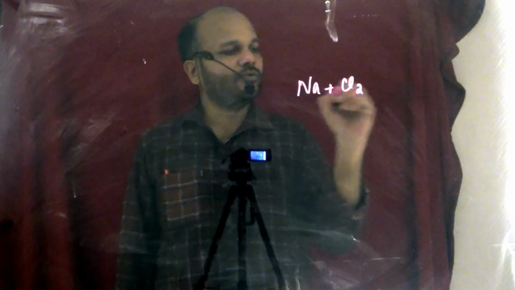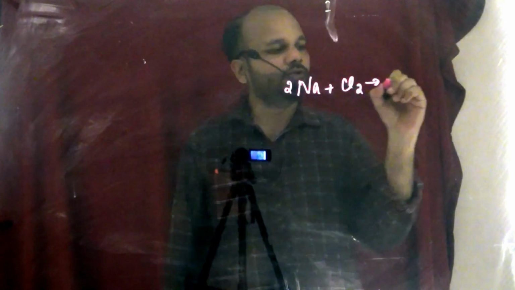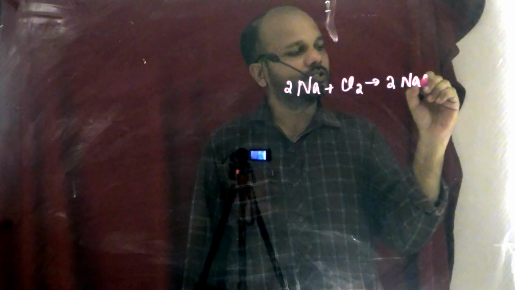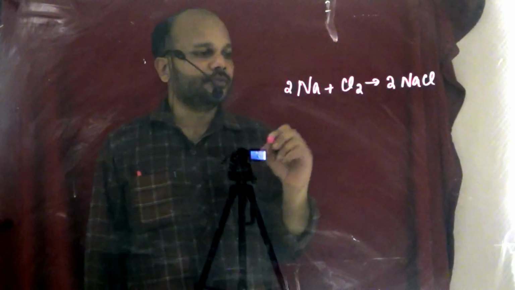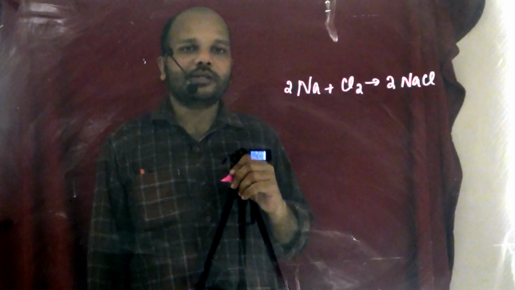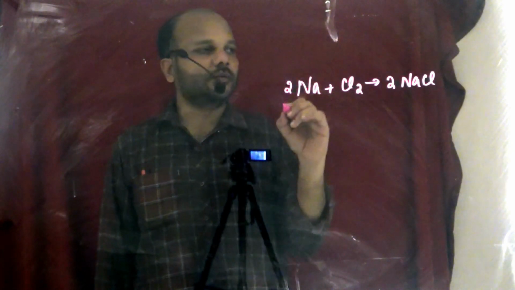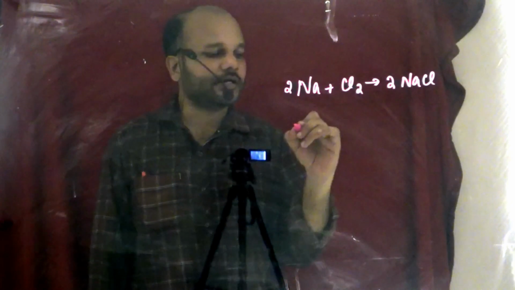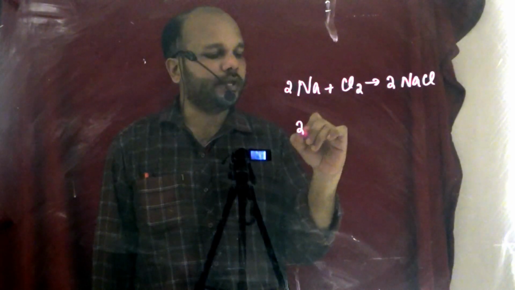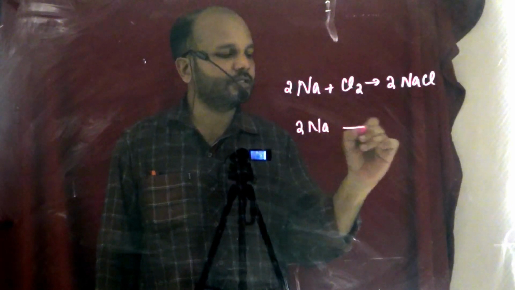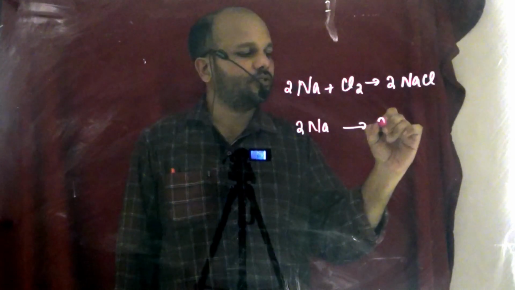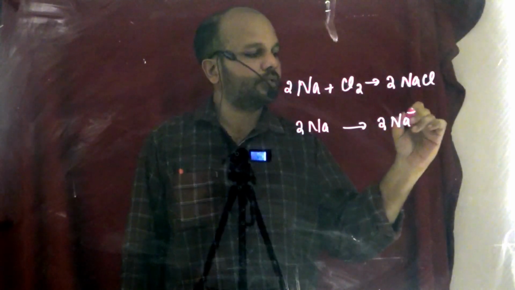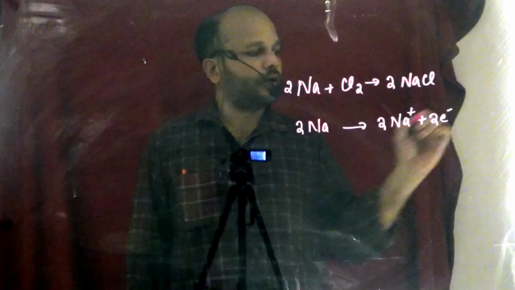Consider the case of sodium chloride: Na plus Cl2 gives 2 NaCl. So this is a redox reaction, right? Now, like the previous example, we will split it into oxidation half cell and reduction half cell. 2 Na gives 2 Na plus and 2 electrons.